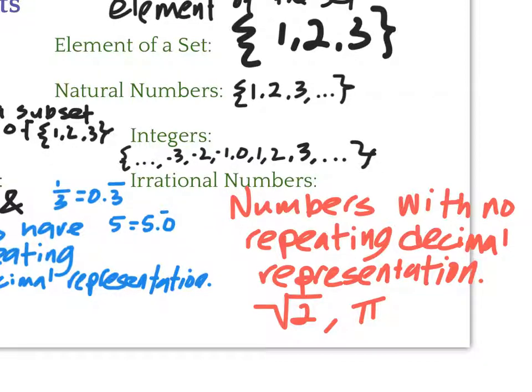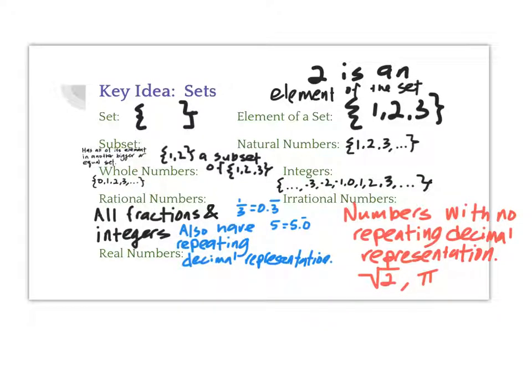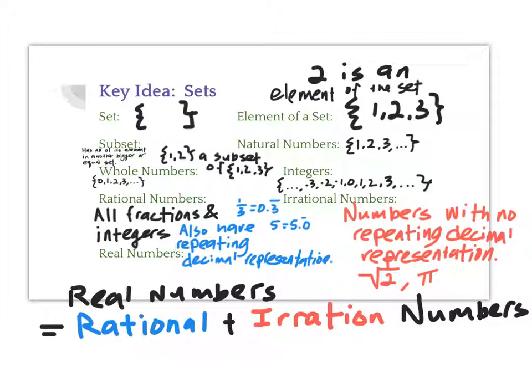That's an irrational number. When you put rational and irrational numbers together, you get real numbers. So again, real numbers are the rational numbers added to the irrational numbers.